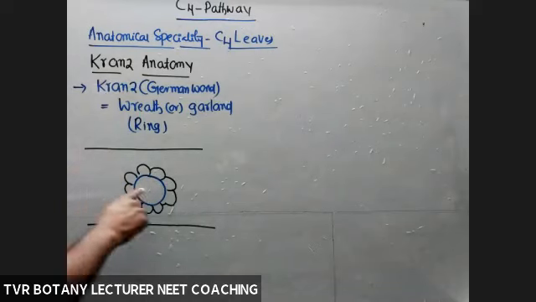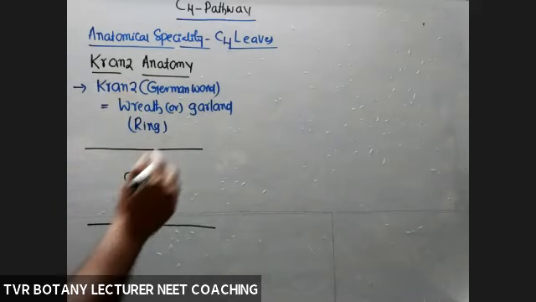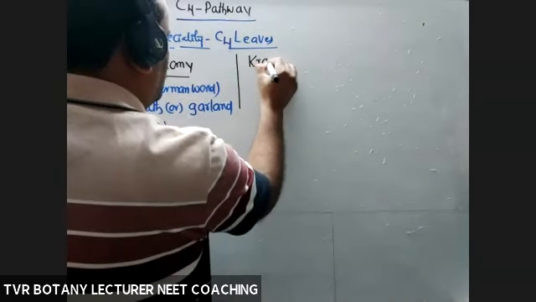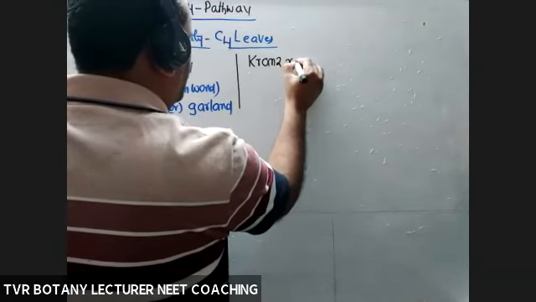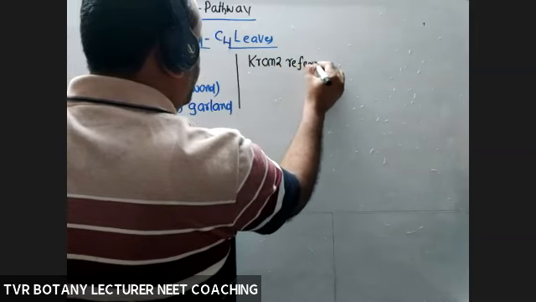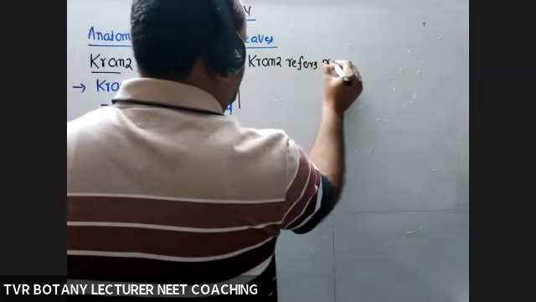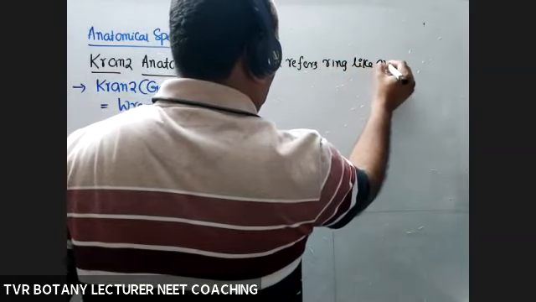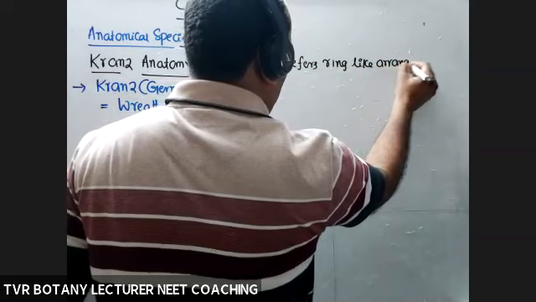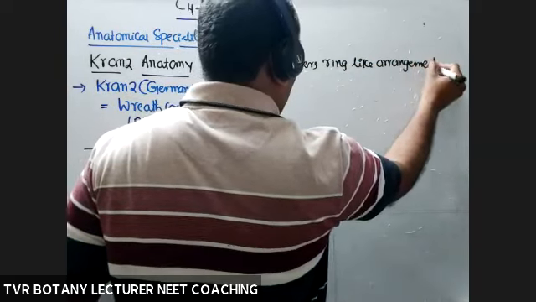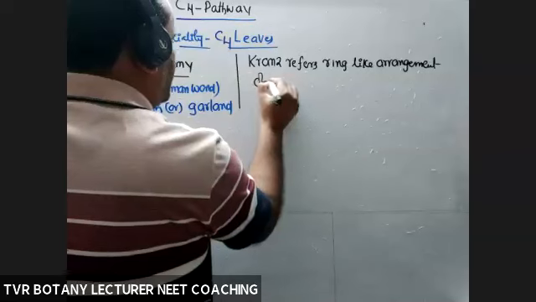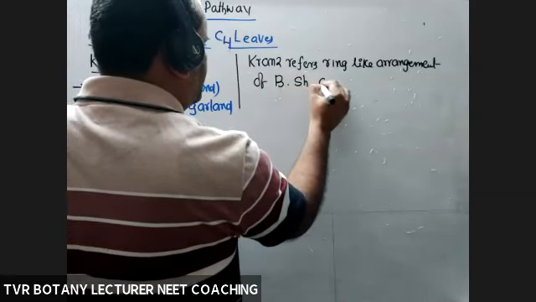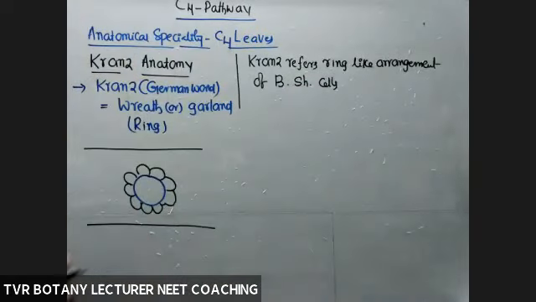So Kranz refers to the ring-like arrangement of bundle sheath cells.